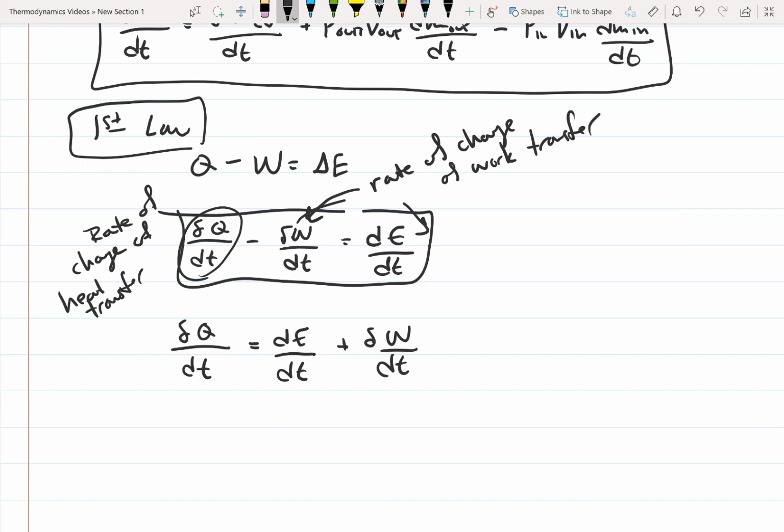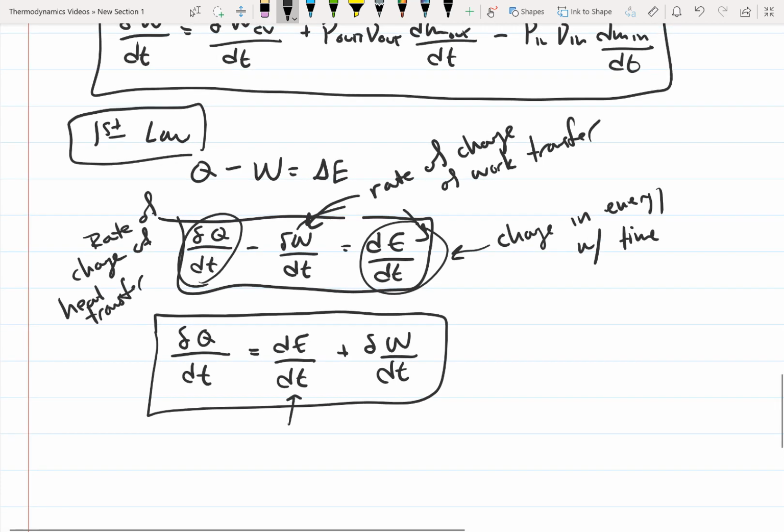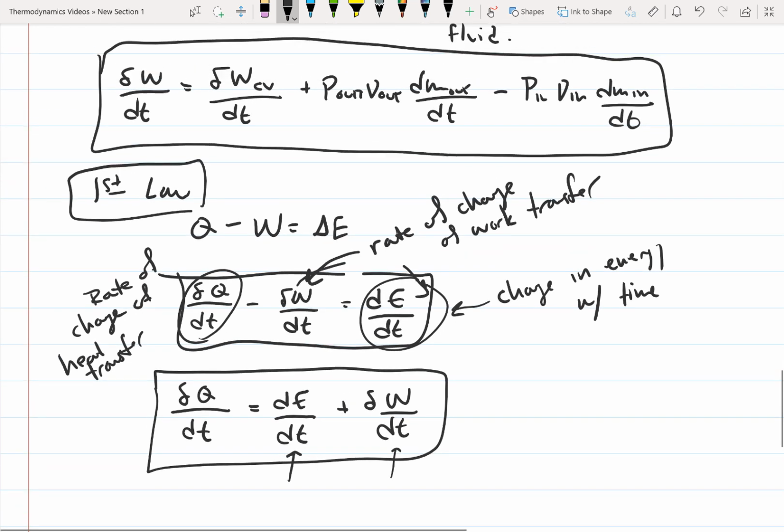And then this term is the change in energy with time. So I have this equation, and I want to take the equations that I derived for dE/dt, the change in energy with time, and the change in work with time, and plug them into this equation.